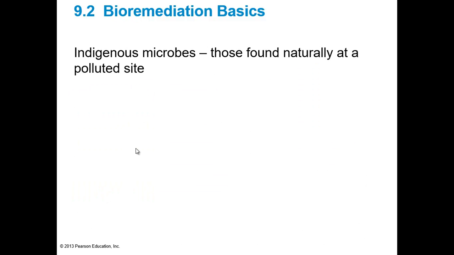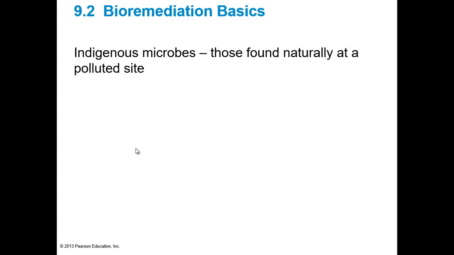Okay, one of the easiest things to do is just use the microbes that are already in the polluted site, in the soil or the groundwater or the surface water. Since the contaminant has been there for a while, the microbes have adapted over time and are using, to some extent, the contaminant as a food source.